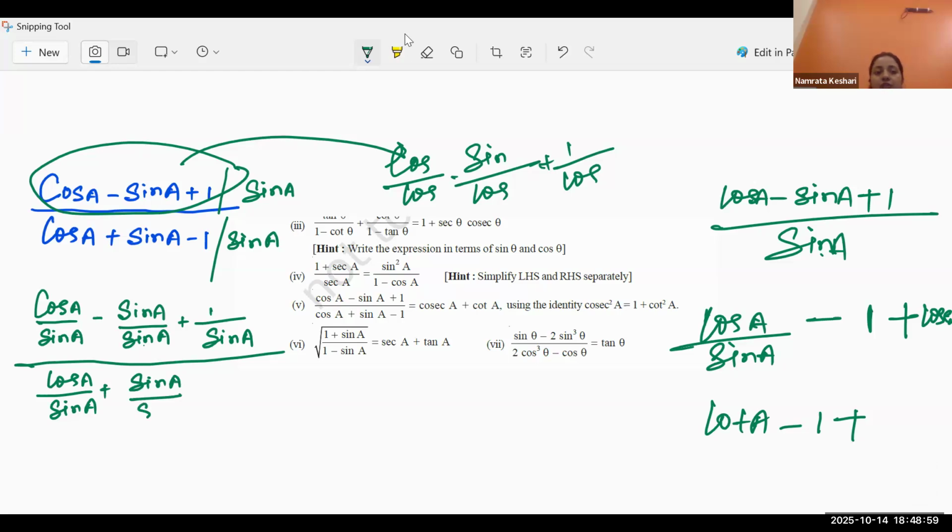Actually, we are dividing at first completely, then we are separating the terms, term by term. So sin a by sin a minus 1 by sin a. This way we are doing the division.